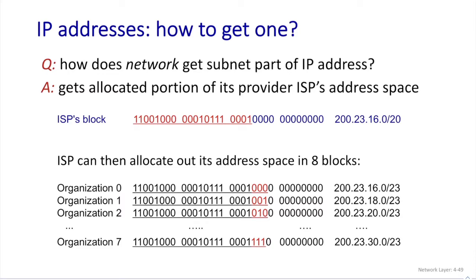So after we get one block of IP addresses in an organization, we will simply divide that IP block into smaller subnets. Okay, let's take a look at this one.